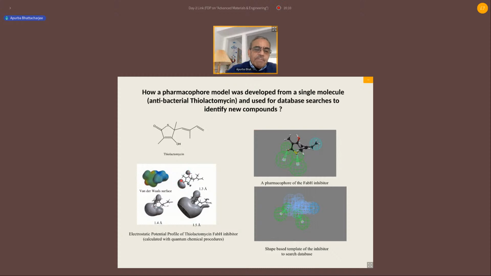Then if you go even farther, 1.4 angstrom away, we see a large extended region forming in the molecule. And even beyond that, at 1.5 angstrom away, we see a really large region, called the nucleophilic suction-like appearance in the molecule.